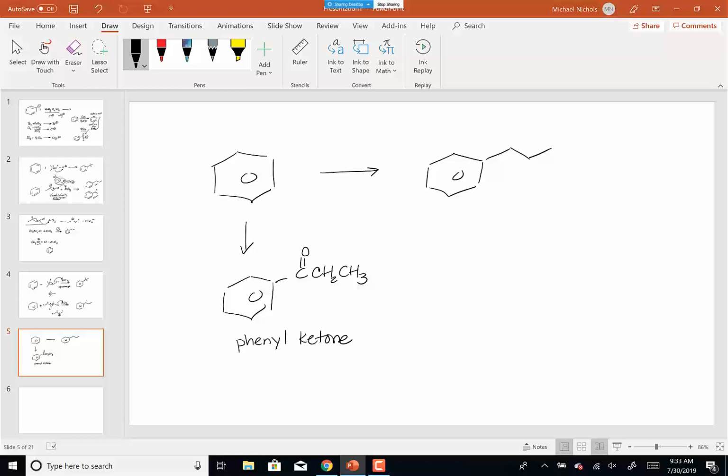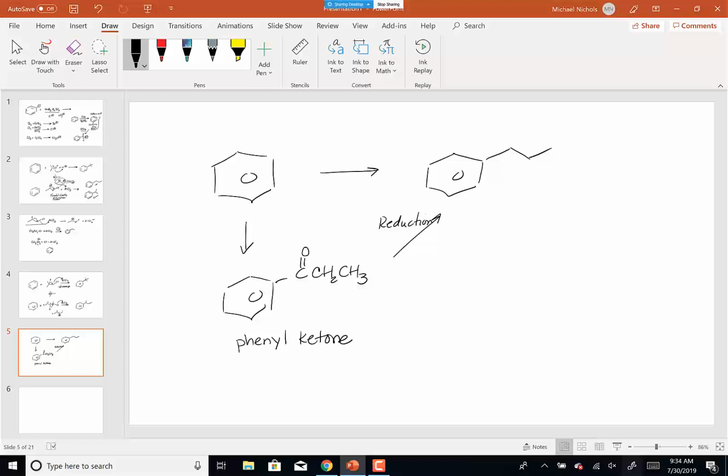If I can make the phenyl ketone, I can then do a reduction to turn the carbonyl into a CH2 group. So this is kind of an alternative route to the alkyl benzenes.